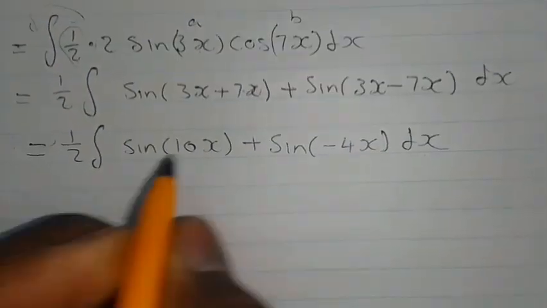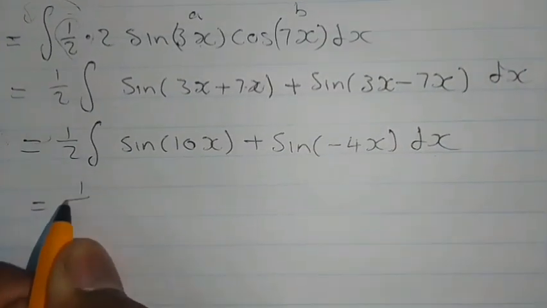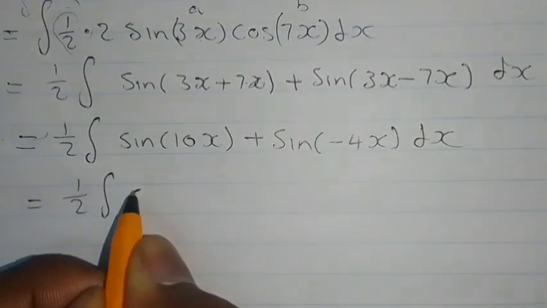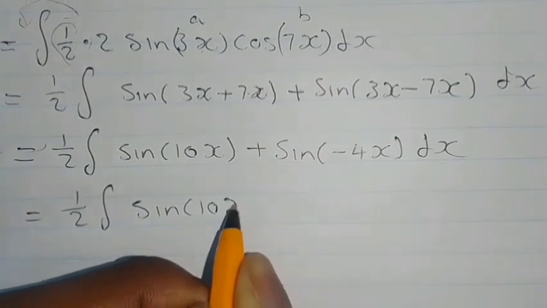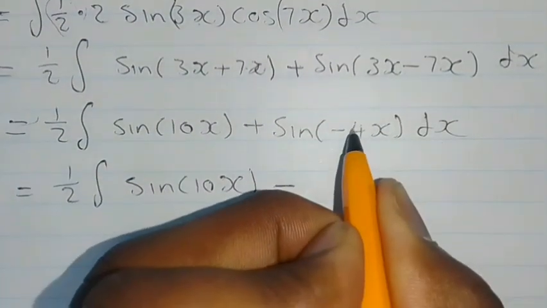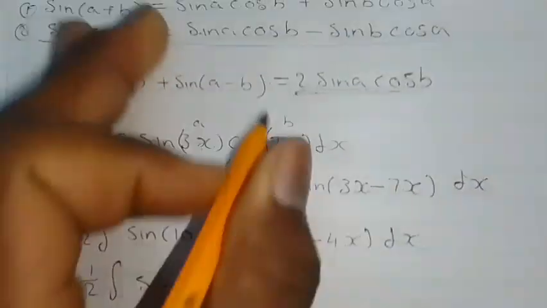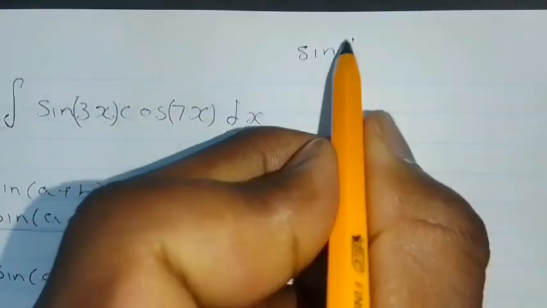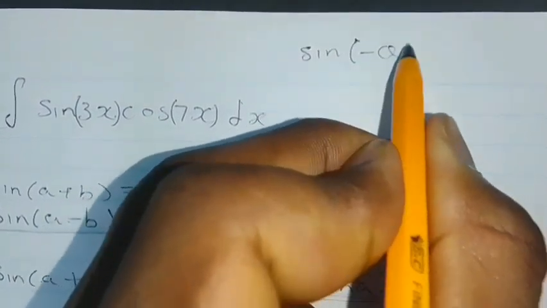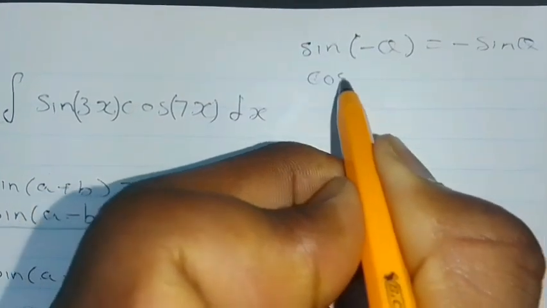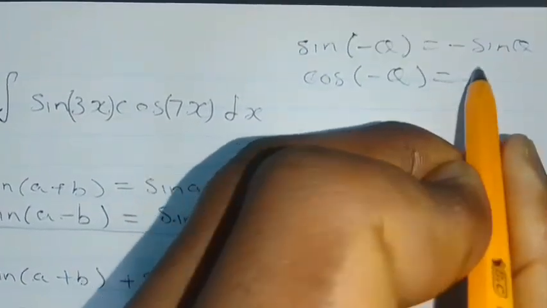Now, what's the integral of sine 10x? Sine of a negative angle: remember the formula. Sine of minus theta is the same as negative sine theta, and cosine of negative theta is the same as cosine theta.